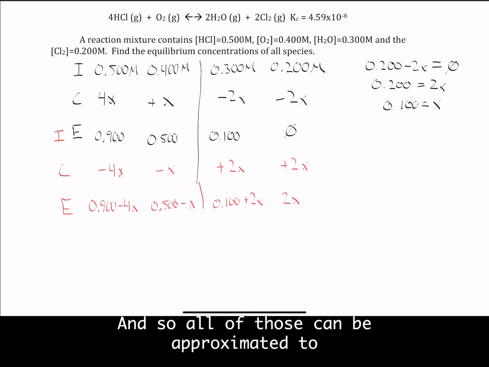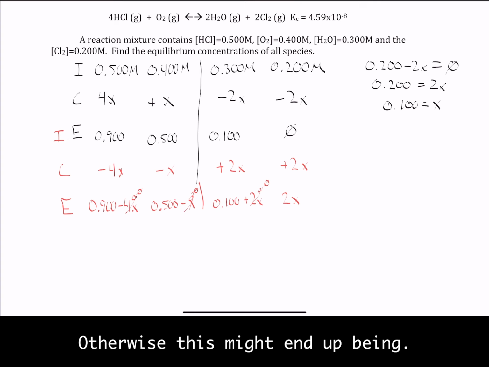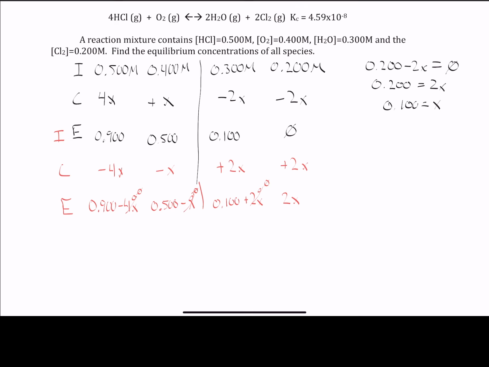And so all of those can be approximated to 0. Otherwise, this might end up being a 4th order polynomial. I don't even know how you solve that.